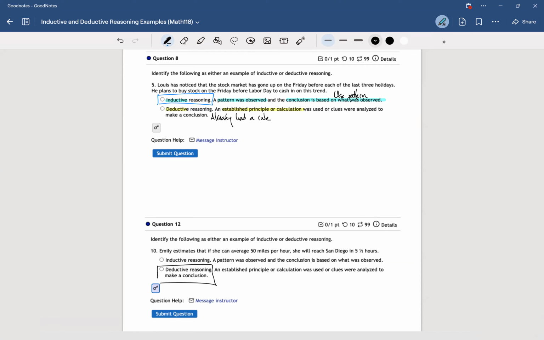But in this case, Emily has a rule. She already had a rule, and now she's making a conclusion based on that. Okay. So hopefully that helps you decide which one is going to be which. But I thought we would finish off this video with example number 15 because there's a few different examples in there so we can actually practice a little bit more together.